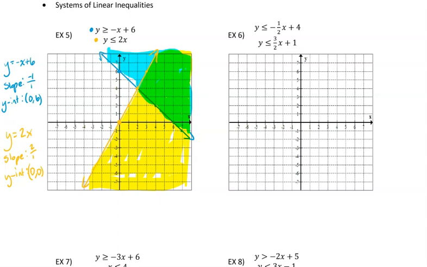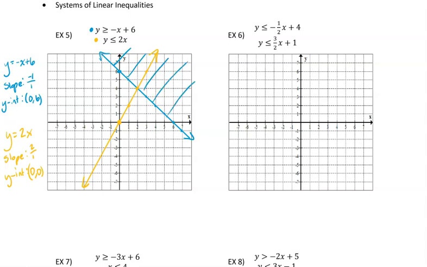All right, now our final answer is going to be where they actually overlap. Luckily, if you are using two different colored highlighters, it makes it really easy because it actually changes color for you. You can actually see it turn green. But even if you don't have that, you can still tell where they are going to overlap if you just very lightly shade above this one, very lightly shade below that one, and you can still see it's that same region where both of the colors are.